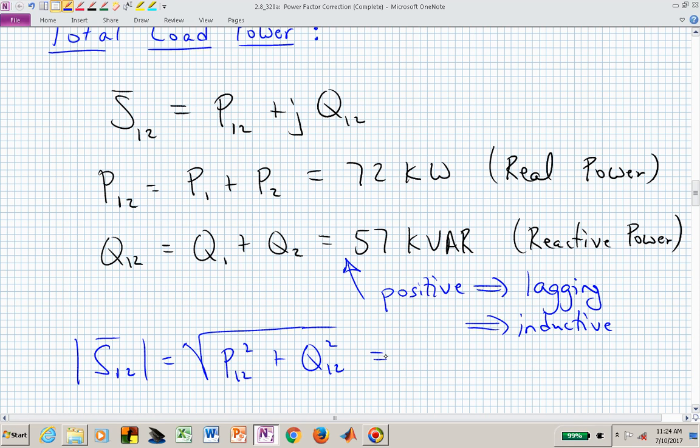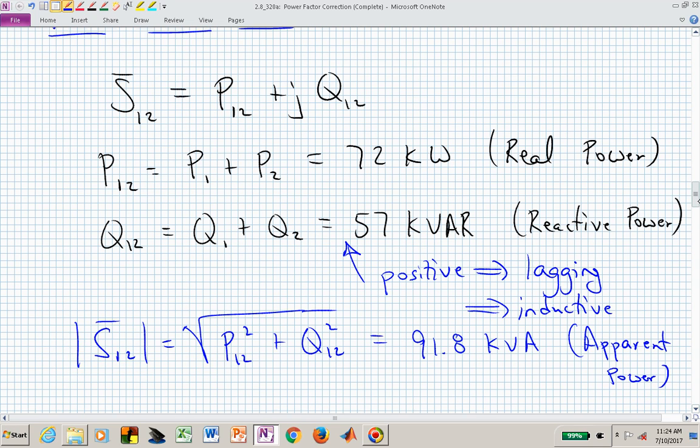If we do that, we have 72,000 squared plus 57,000 squared. Take the square root of that, and we end up with 91.8 kVA, and that's our apparent power for this particular system.